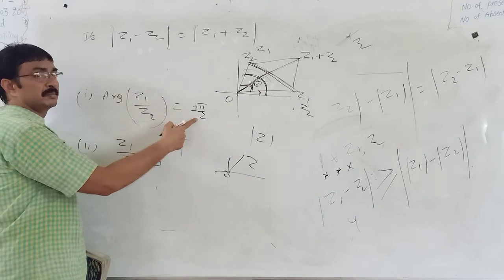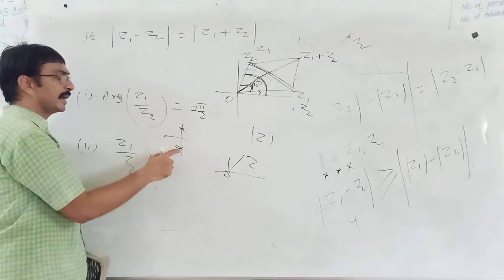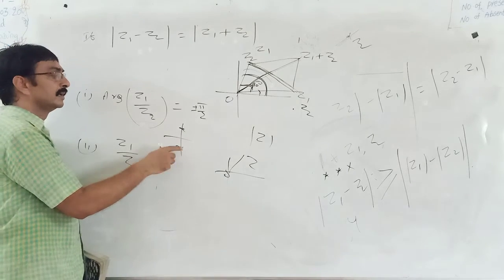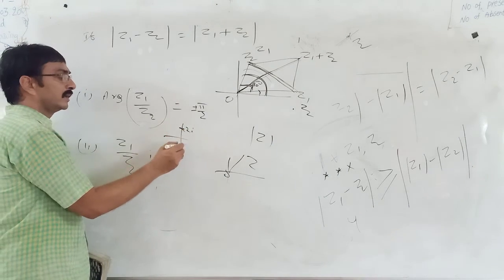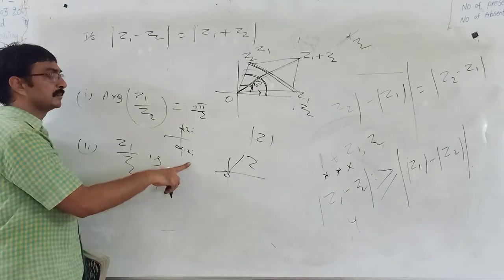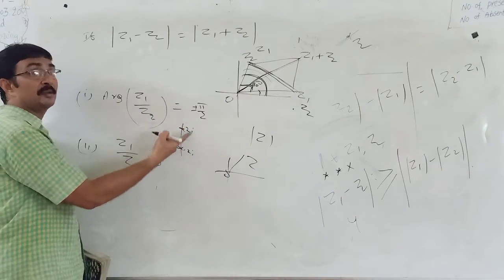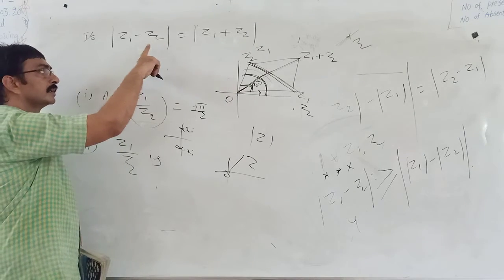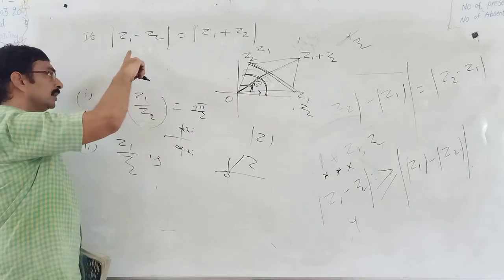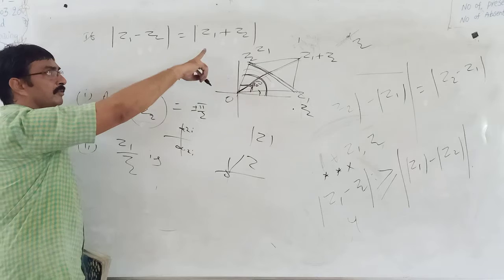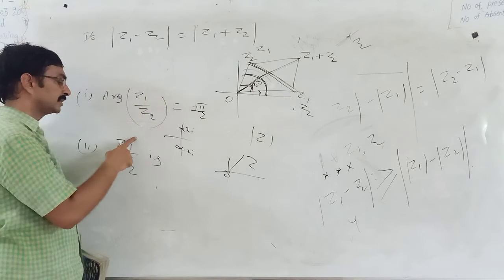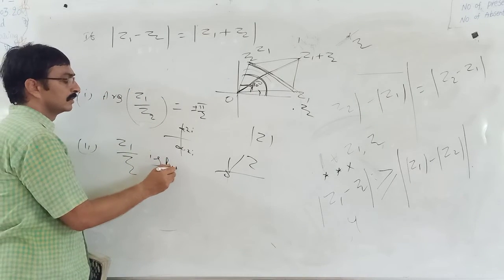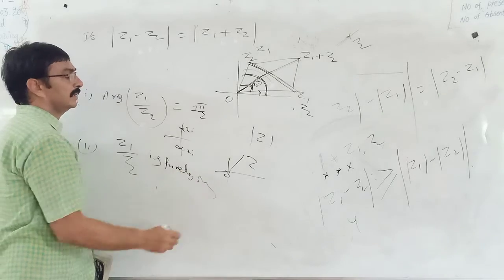Argument minus pi by 2 means the point lies on the negative y axis. This is 2i, this is minus 2i for example. Therefore, they are purely imaginary in any case. Therefore, if modulus of Z1 minus Z2 equal to modulus of Z1 plus Z2, then Z1 by Z2 is purely imaginary.